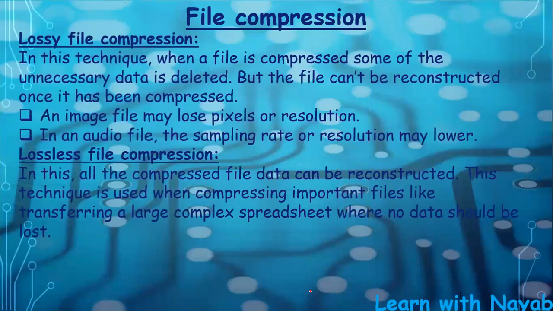So then, file compression. There are two types of file compression, called lossy file compression and lossless file compression. You can even tell by the name that in lossy file compression, we may lose some data, but in lossless file compression, we can't lose data. In lossy file compression, when a file is compressed, some of the unnecessary data is deleted, but the file can't be reconstructed once it has been compressed.